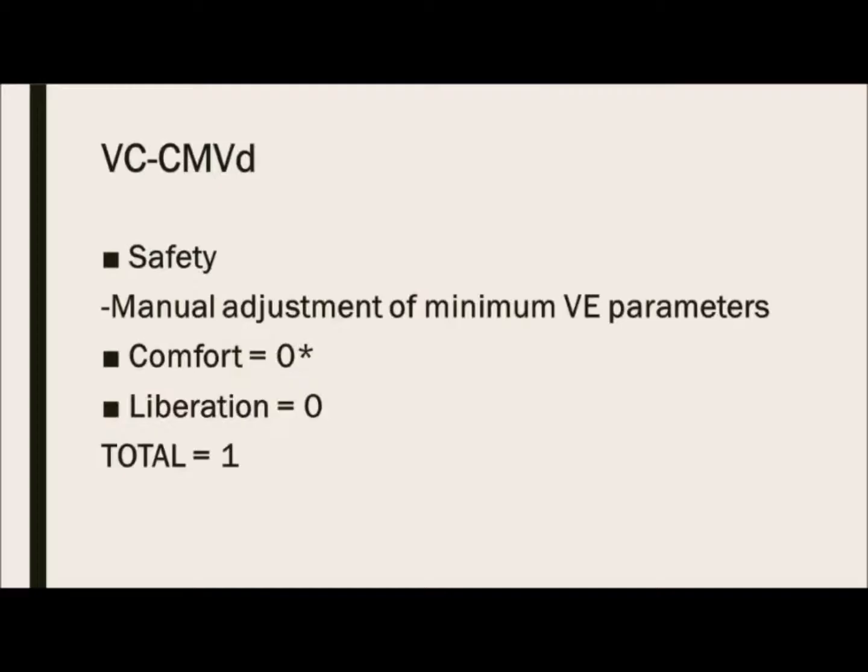The first category or goal of mechanical ventilation is safety. As you notice, the only advantage it provides is the manual adjustment of the minimum minute ventilation parameters. Comfort, 0. And I'm going to put a star by that because the authors state it provides unrestricted inspiratory flow, but as you can see by my example, it does not.